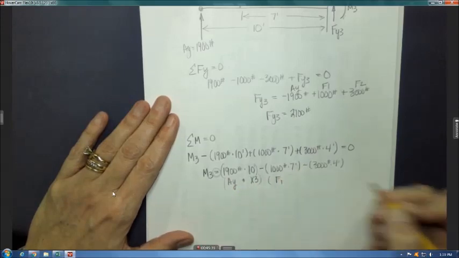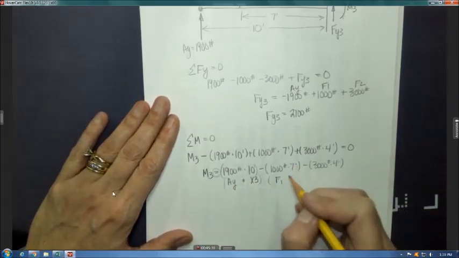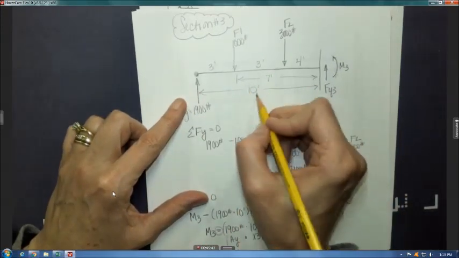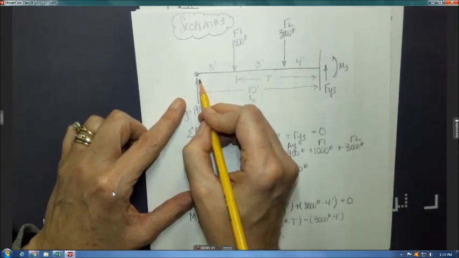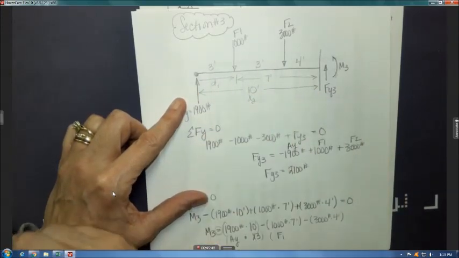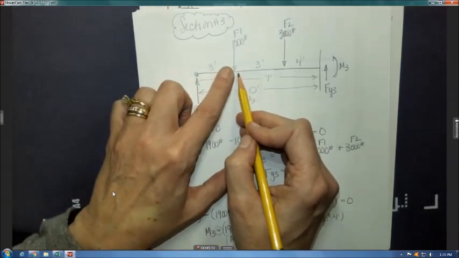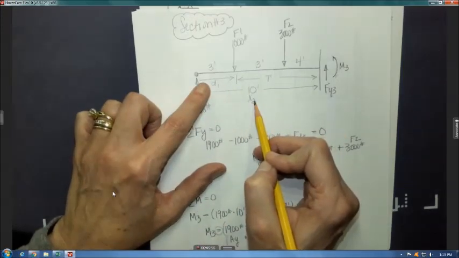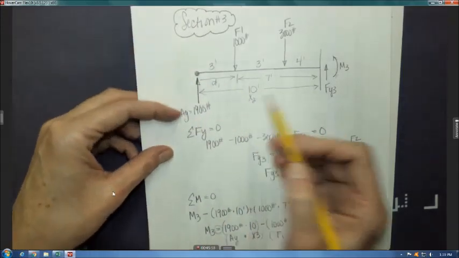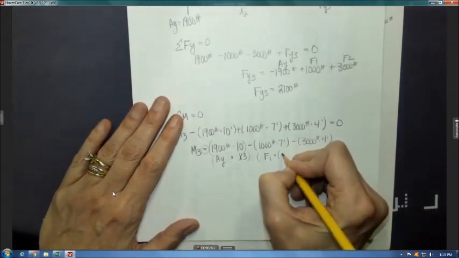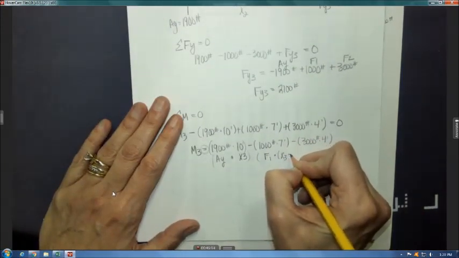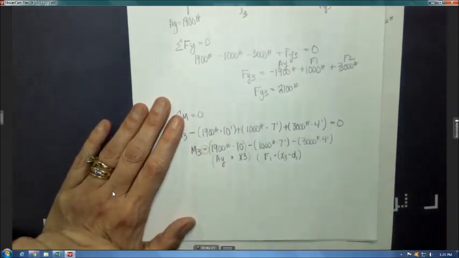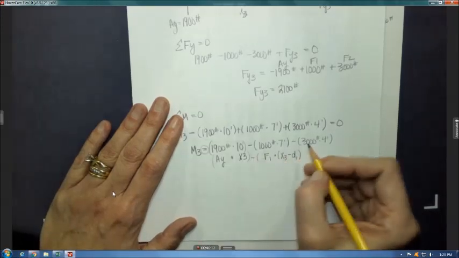My 1,000 is my F1. Now, this guy. To get to my F1, I'm going to call this my X2, and then I have to subtract off D1 to get back to that distance. So that's going to be 7 feet in our case. So it's going to be 10 minus 3, but that's X3 minus D1. Everybody see that? Okay. So this is going to be times X3 minus D1. Minus.